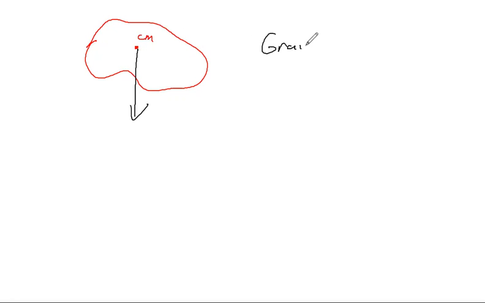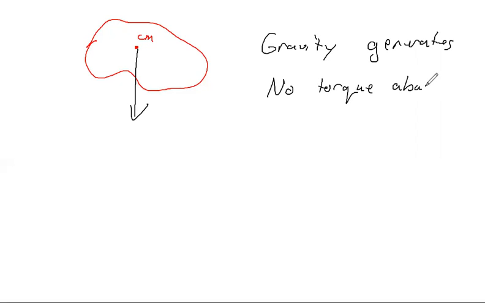One really useful corollary of this is that, remember what I said, gravity acts at the center of mass for an object, and we see that gravity generates no torque about the center of mass.